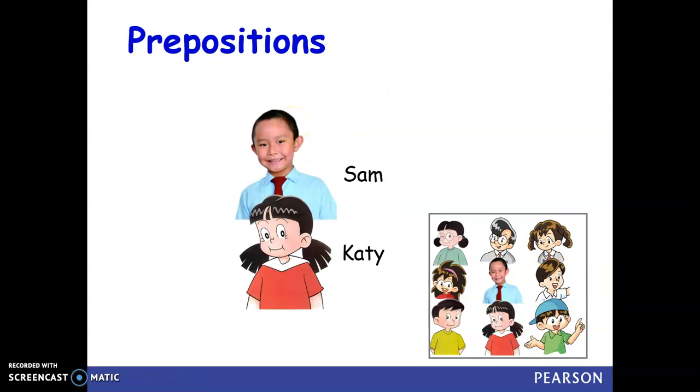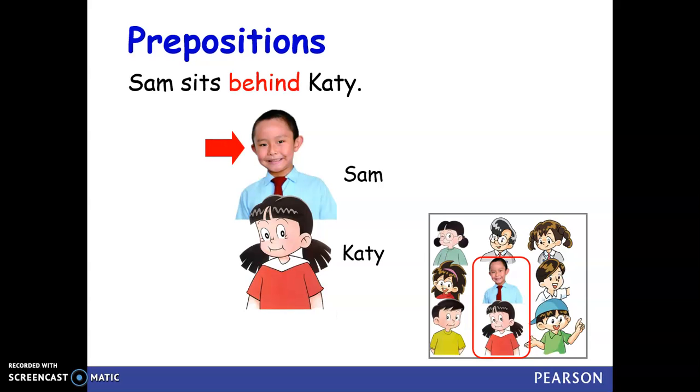Okay, another preposition that you need to learn is, let's see, where does Sam sit? Sam sits behind Katie. So you can see that Sam is kind of at the back of Katie. So the preposition we use to talk about this position is behind.